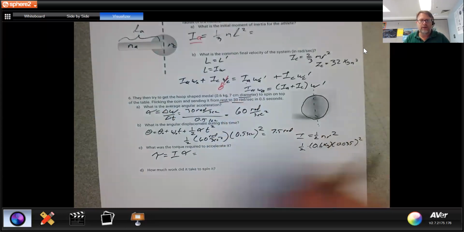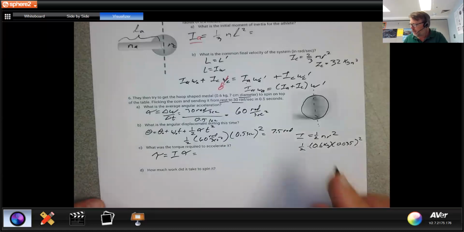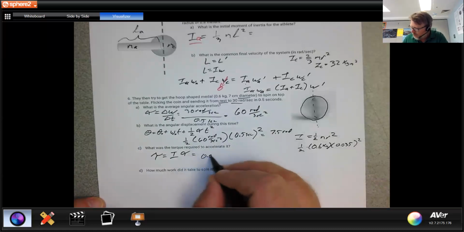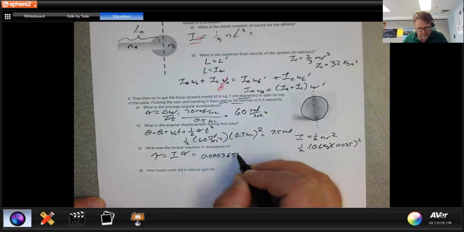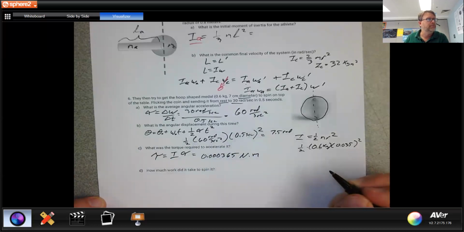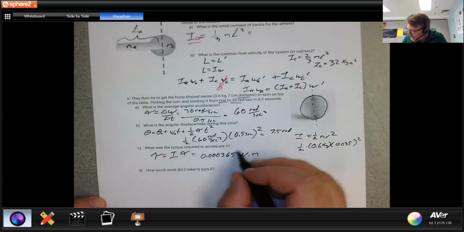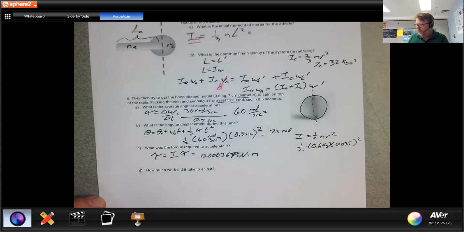Then that should give you, we're looking at number 6 here, a very small number, 0.000365. And that should be newtons times meters.